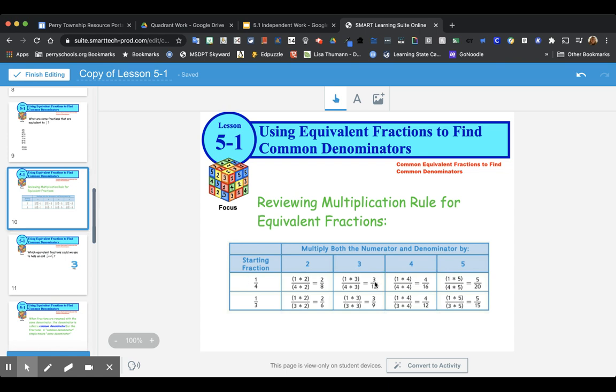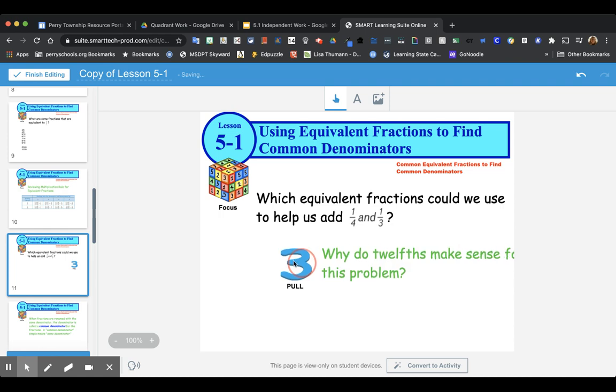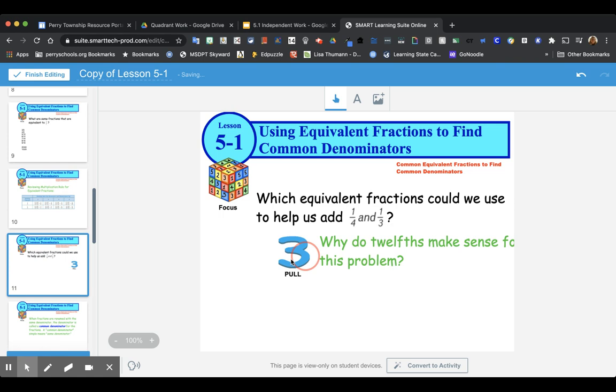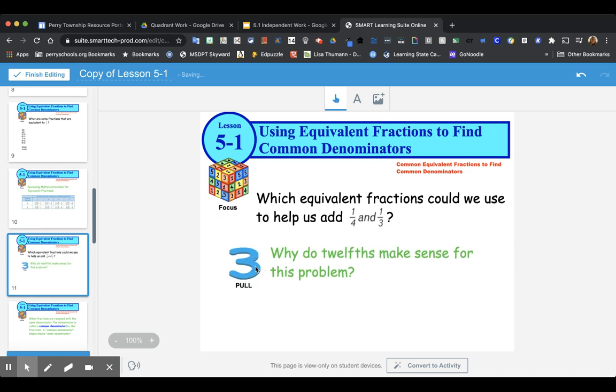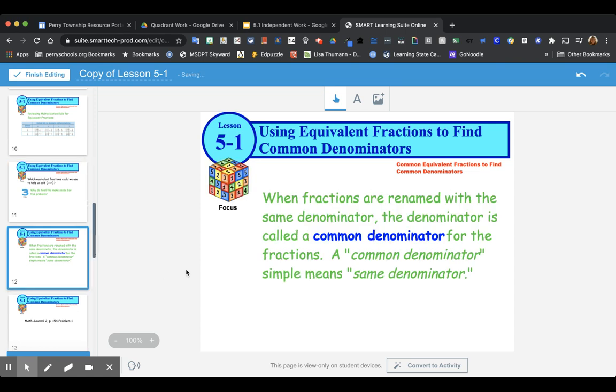I hope you saw that we could use 3/12 and 4/12, because we've created that common denominator. Why do the 12s make sense for this problem? Well, again, it's because they are the same denominator. They help us add. We know that when we are adding or subtracting fractions, our denominators must be the same.